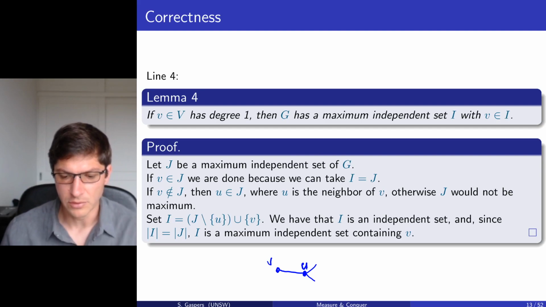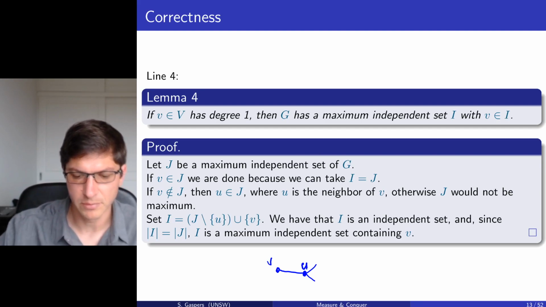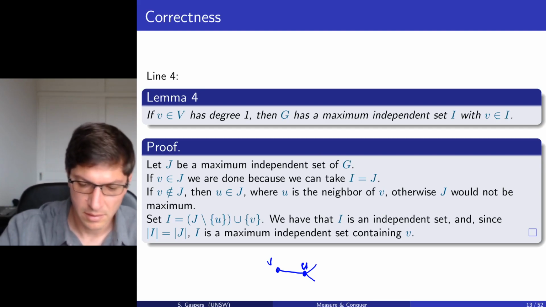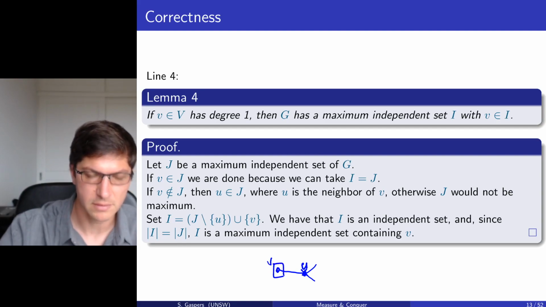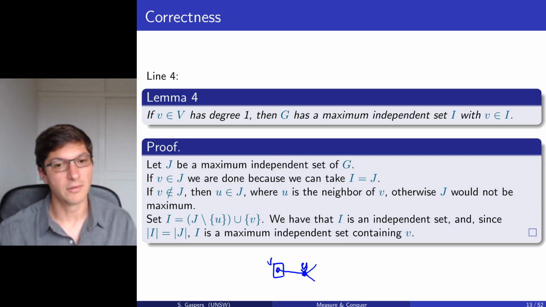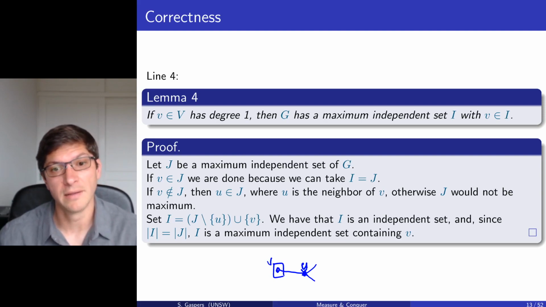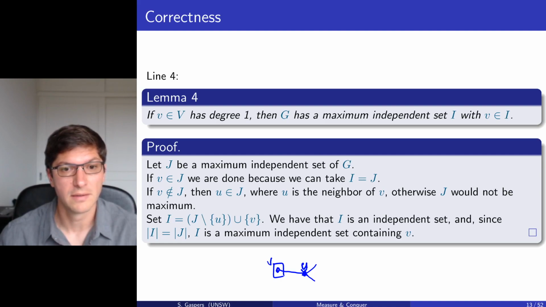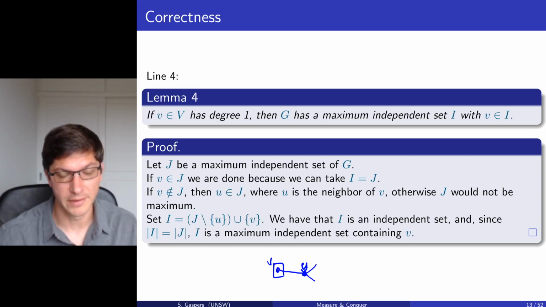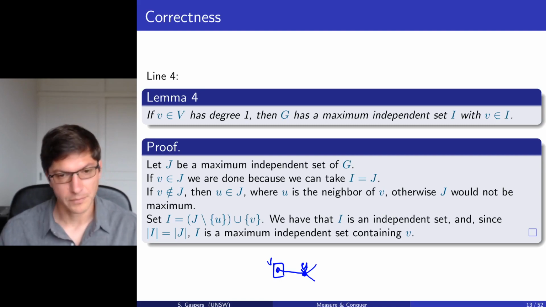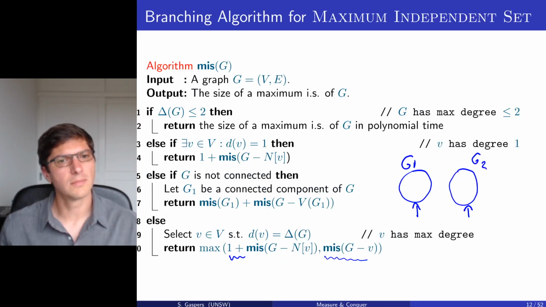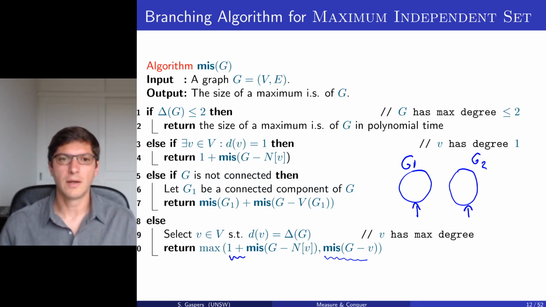So it must contain U, but now we can just modify the independent set. We can remove U from the independent set and add V instead. So that's still a valid independent set, and it has the same size. Therefore, doing this modification gives us a largest independent set that contains V. Okay, so I think that's it for the correctness.